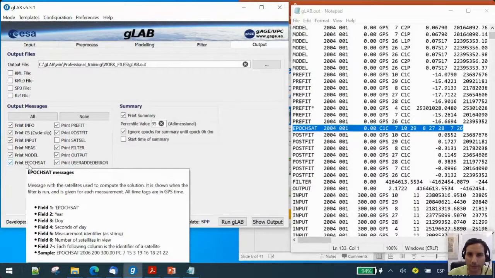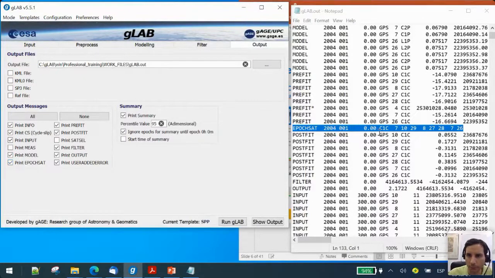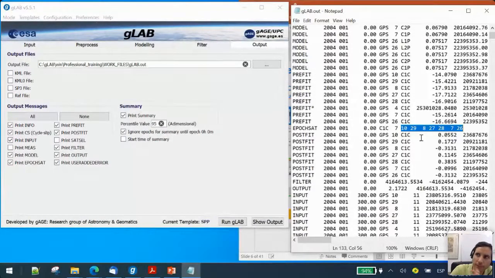You can see that the first field is the label, then we have the year, the DOY, the time, the signal that we are using to position, and the 7 satellites that we are positioning. So basically, what the tool has done is a computation that, starting from the RINEX files, has generated an output file.